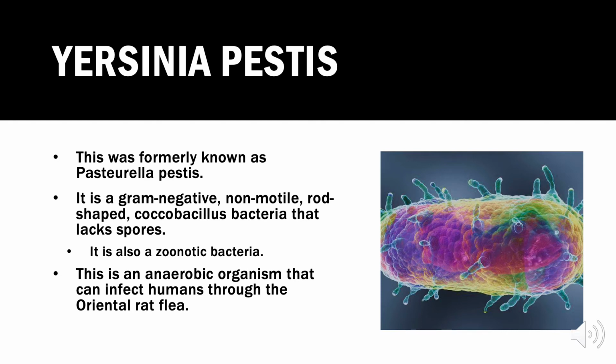It's just a very broad and general term to classify it. This organism is anaerobic, which means it doesn't need oxygen to survive, which is crazy to think about. And it's spread through the Oriental rat flea.